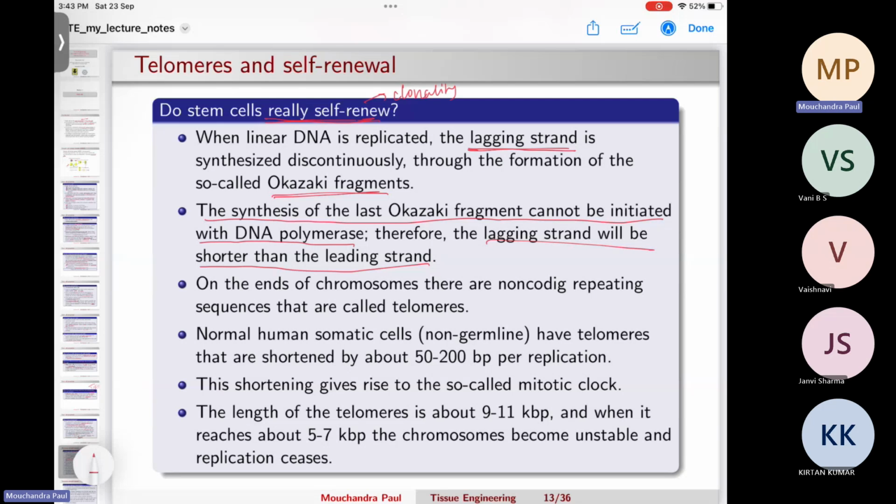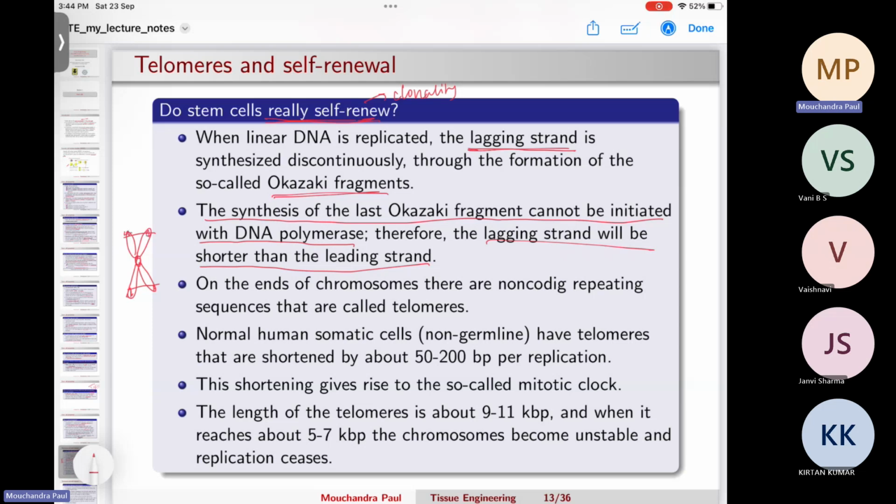You also must be familiar with the structure of a chromosome. If you recall, when homologous chromosomes are formed, their center is the centromere that connects the sister chromatids, and the ends of the sister chromatids are called telomeres. Correct?